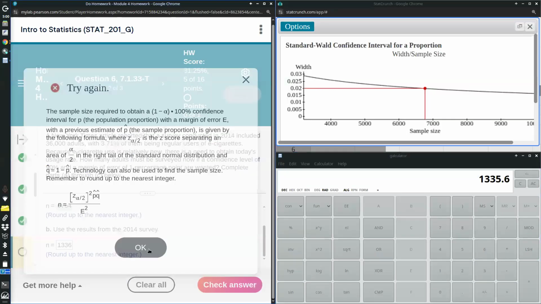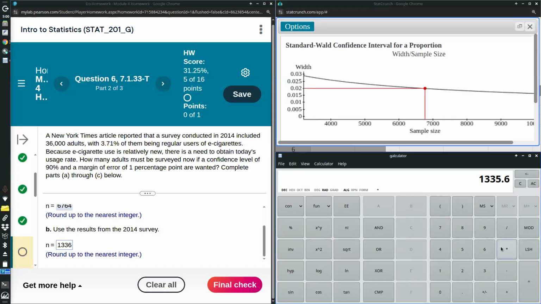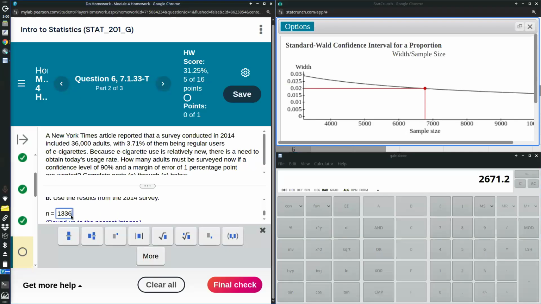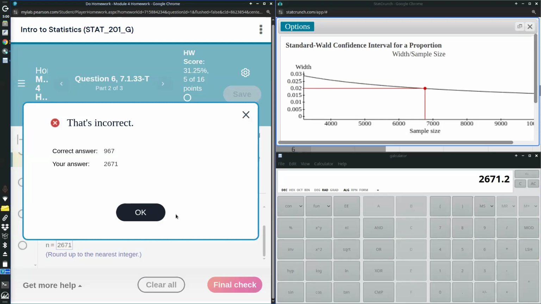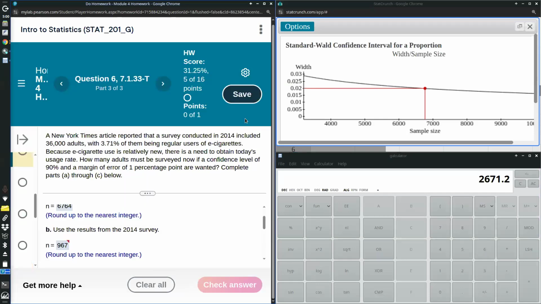Yeah, so let's multiply this by 2. 2671 maybe. 967 there. Huh? How do we get 967 from that?